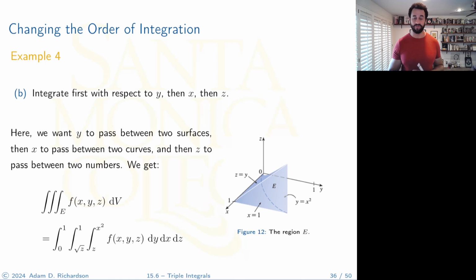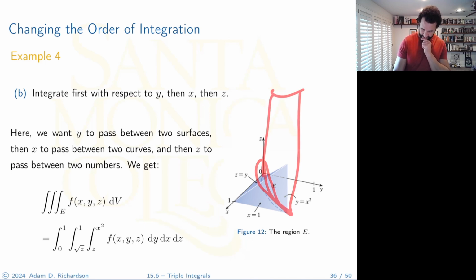Now let's scan it in a different way. We're going to integrate first with respect to y, then x, and then z. So we're going to scan y between two surfaces. So here's y. What is y going to go between? Well, y is going to go between this plane right here and then this cylinder right here.